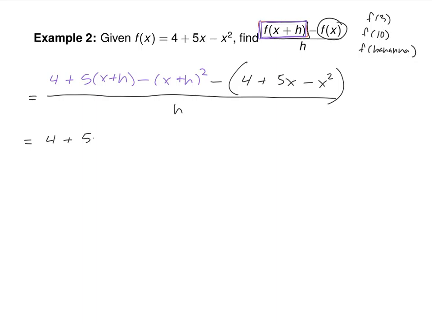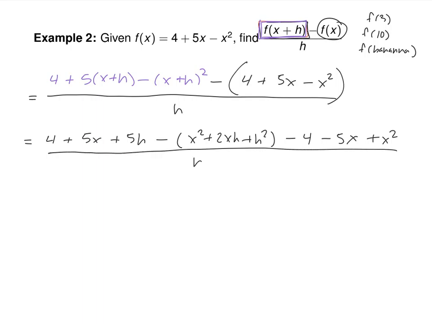4 plus 5x plus 5h. Real quick, what is x plus h squared? Spectacular. And then minus 4 minus 5x plus x squared, all over h.